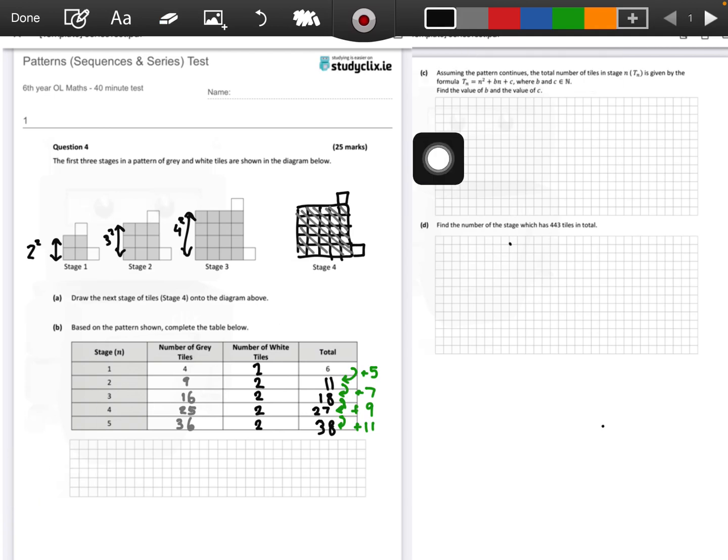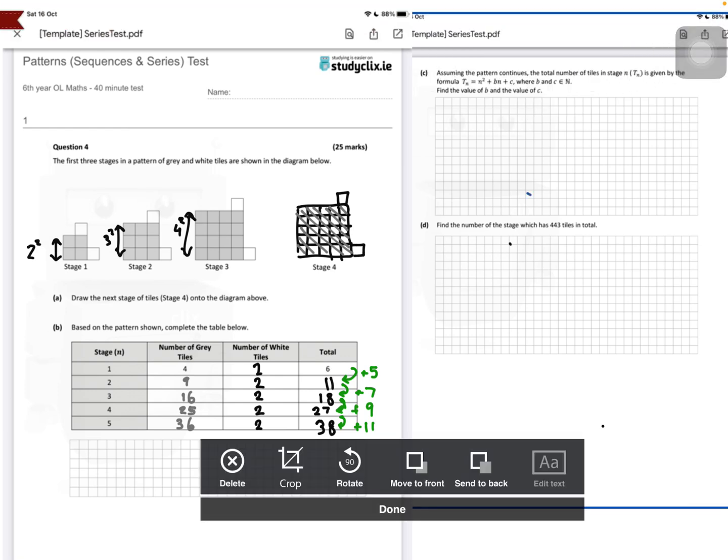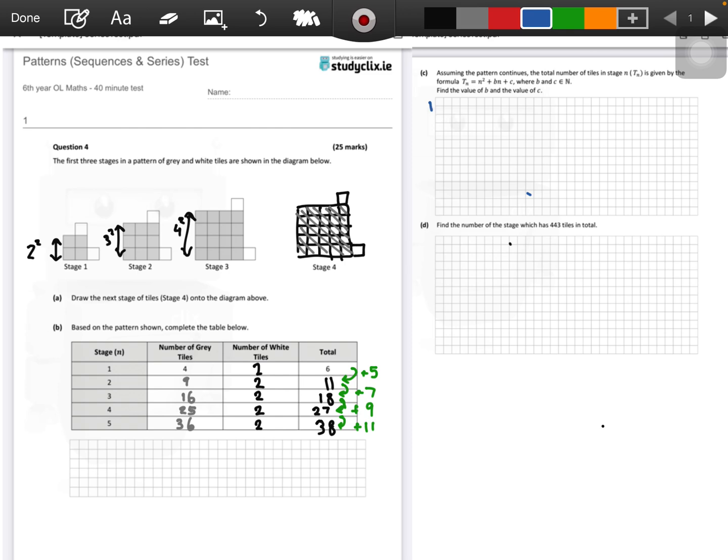So it says, assuming the pattern continues, the total number of tiles is given by this formula. We can do this in a few different ways. My first way I could do it is say, let's say n is equal to 1, then T of n, my number of tiles, my total here was 6.